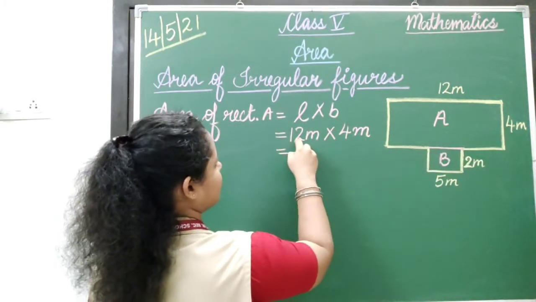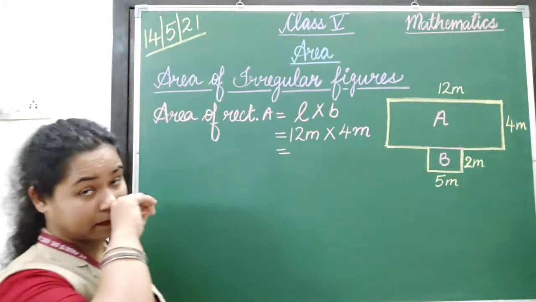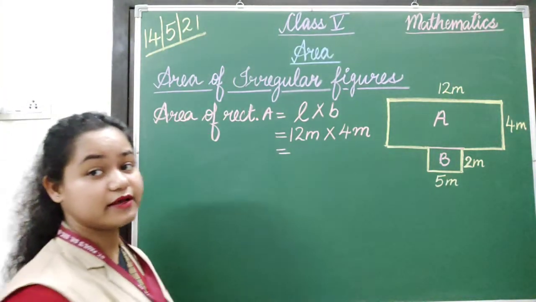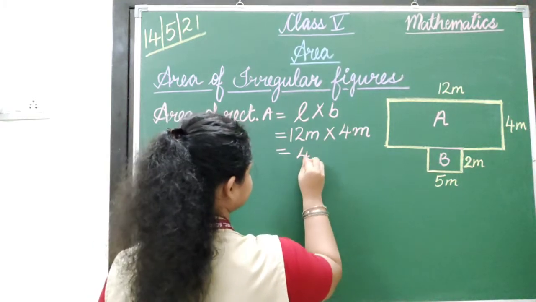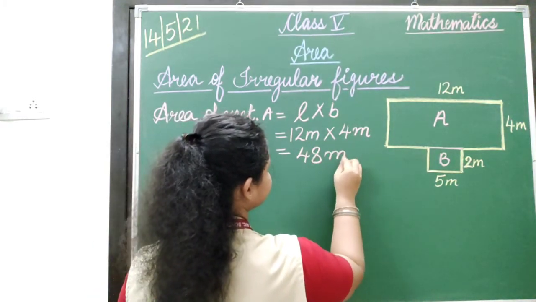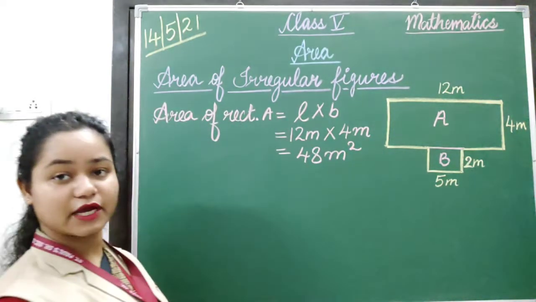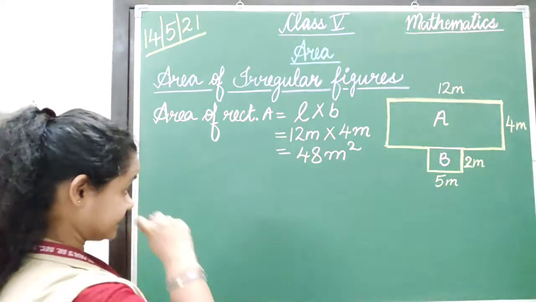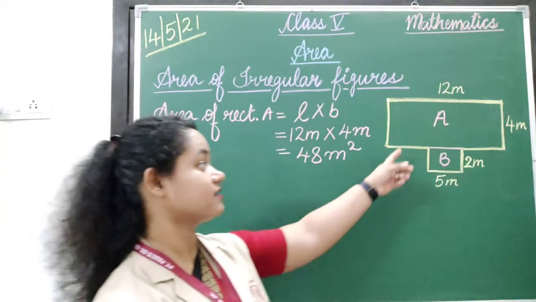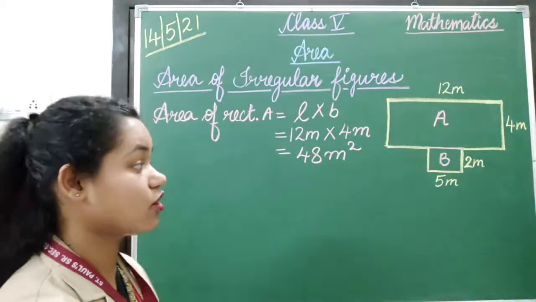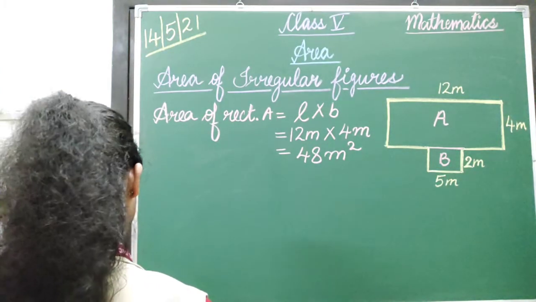Now, 12 fours are 48 meter square. Understood? So, this is the area of rectangle A.